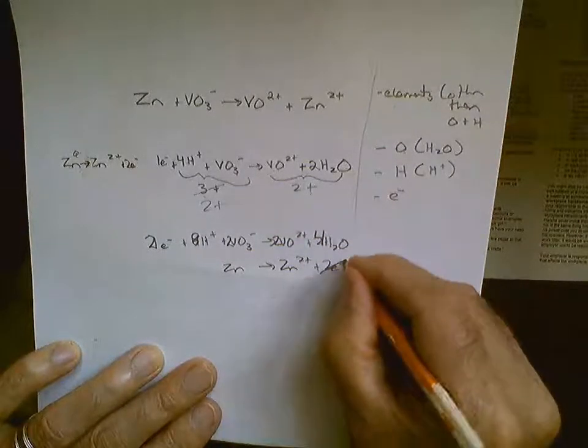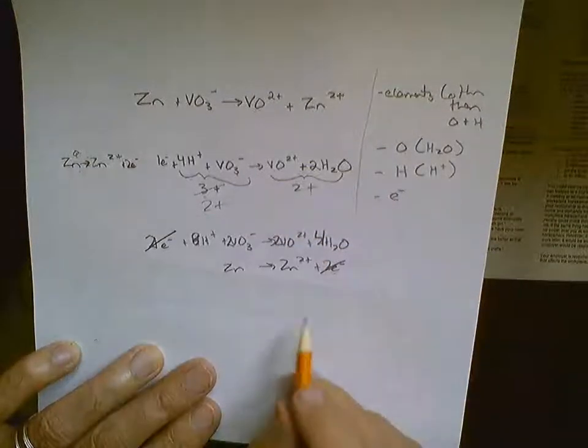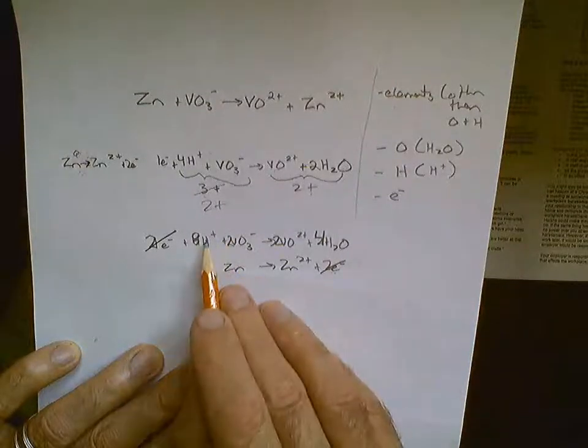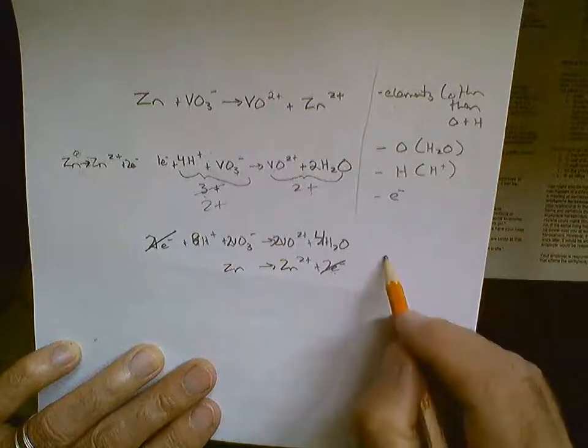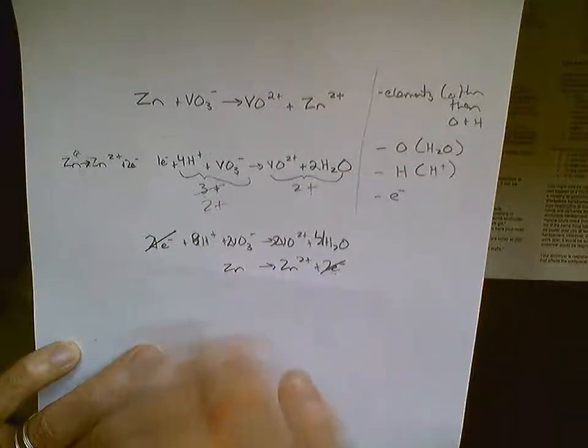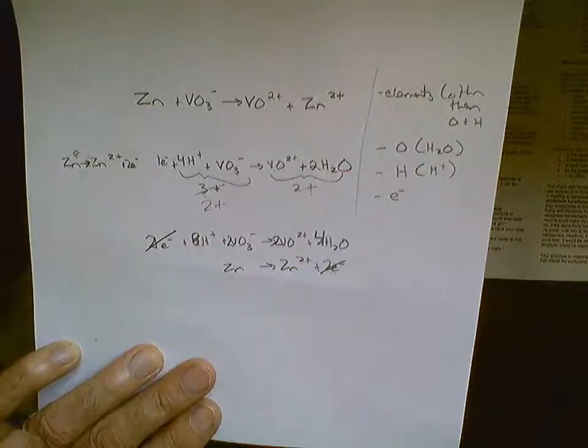And cross out what you have the same on both sides. Hey folks, if I had 4H plus over here and 8H plus here, I could cross out my 4 plus here and reduce this one from 8 to 4. Just so you know that it's not just the electrons you can cross out.